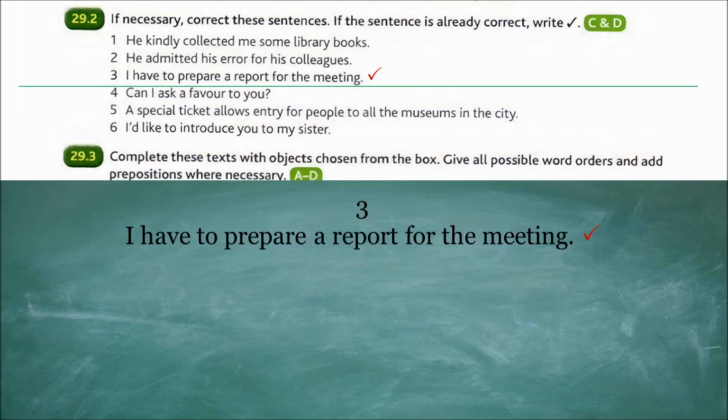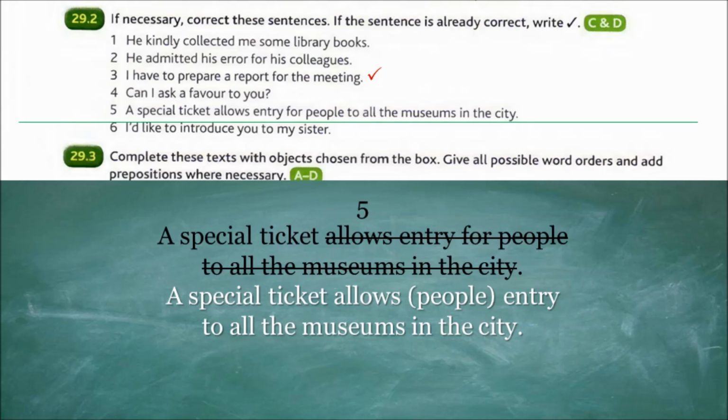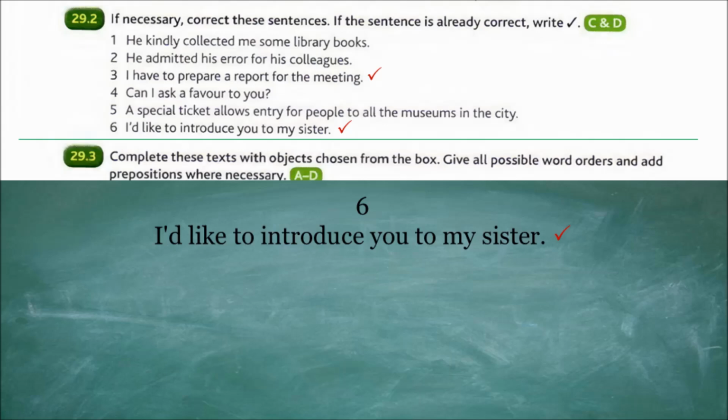I have to prepare a report for the meeting. Can I ask you a favor? A special ticket allows entry to all the museums in the city. I'd like to introduce you to my sister.